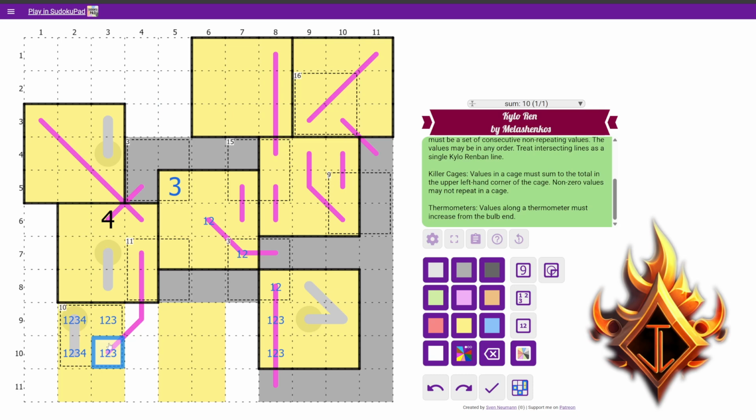Since that is 1, 2, 3, the highest this side could go is 6. And if it was all yellow and it did go up that high, this would have to be the 4. If this was 3 and it went up, that was 3, it could not go up.